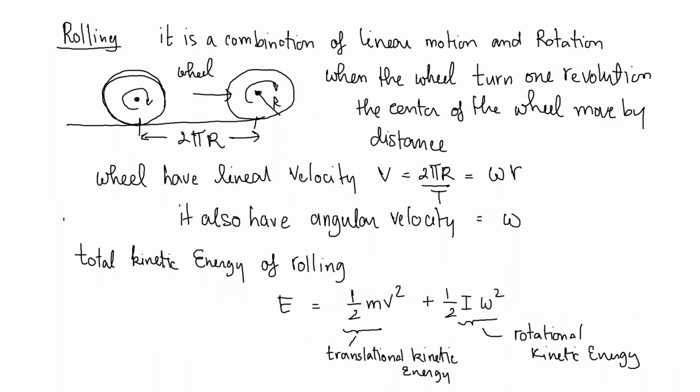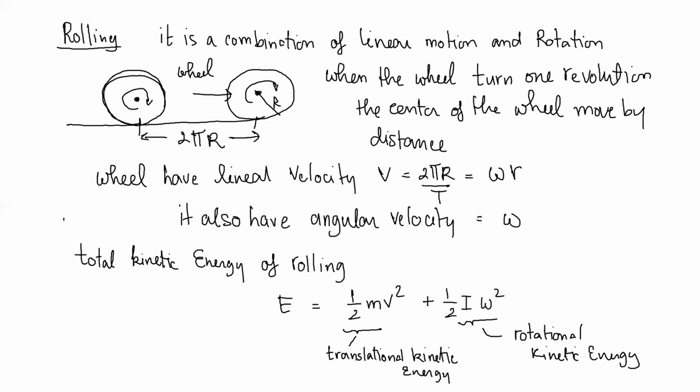Now, if we're talking about rolling, rolling is a combination of linear motion and rotation. If you look at the center of the rolling object, if you are at that center, you will see the object spinning around its axis.